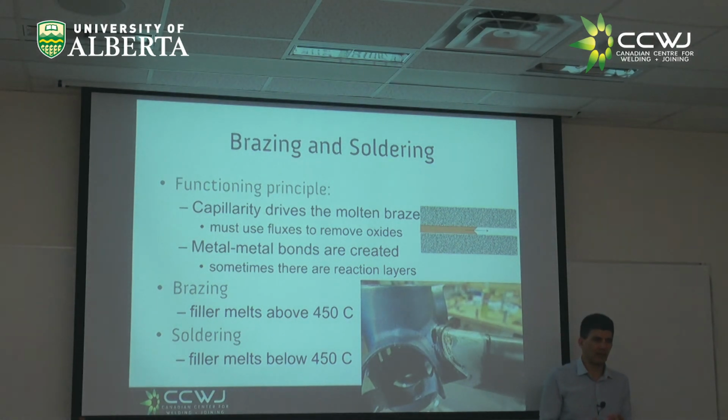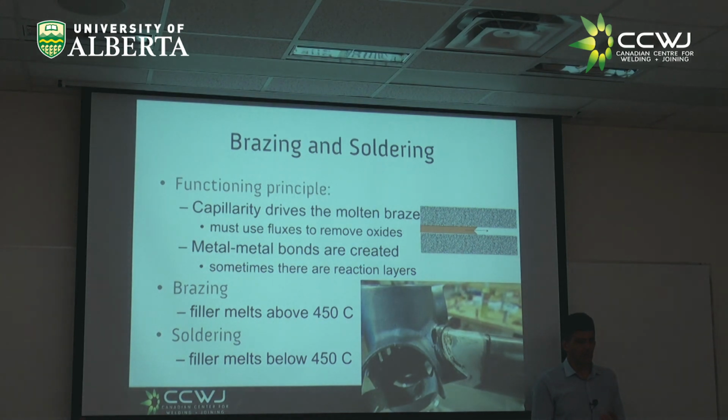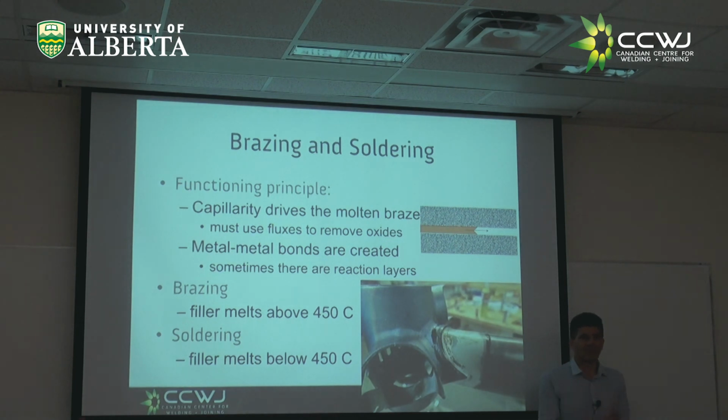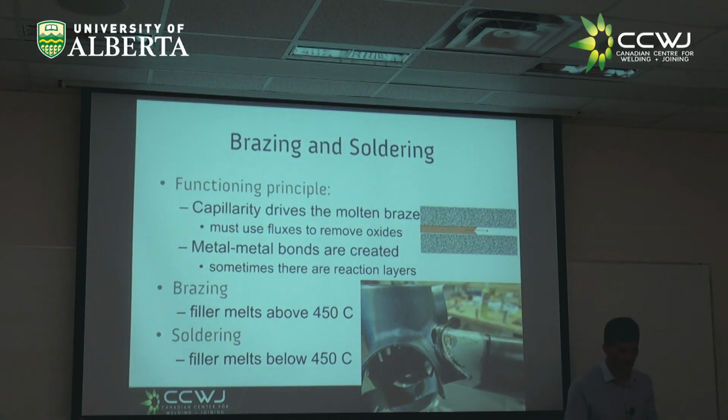Or tin-based fillers too, right? And they're quite standardized. There could be a course only on brazing and soldering. But I just wanted you to be aware now that we have the time. All right, let's stop here and let's go to the lab.